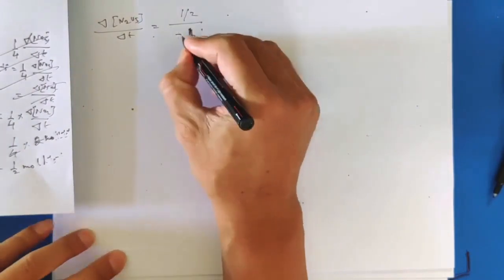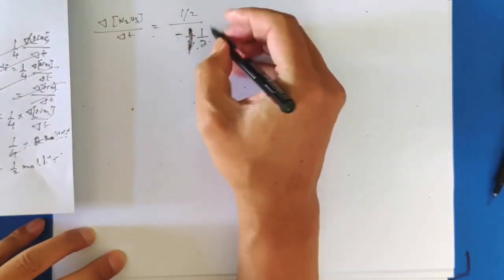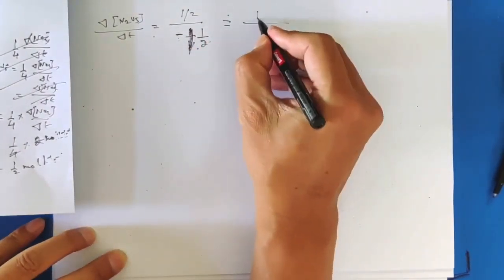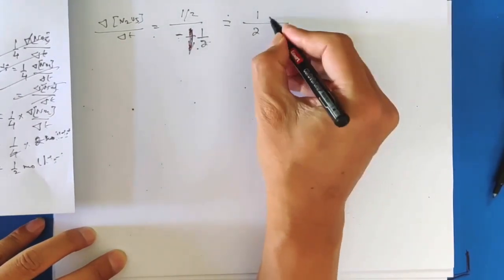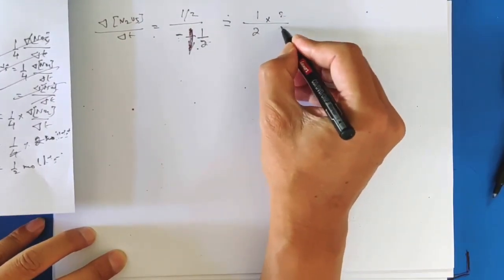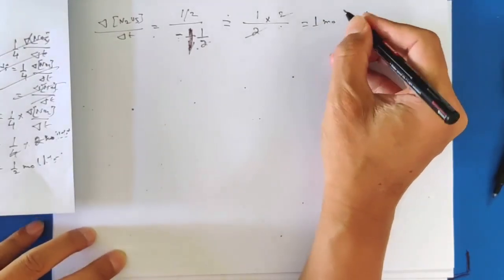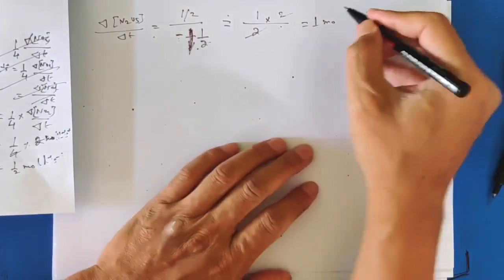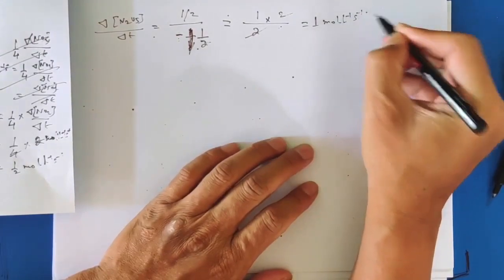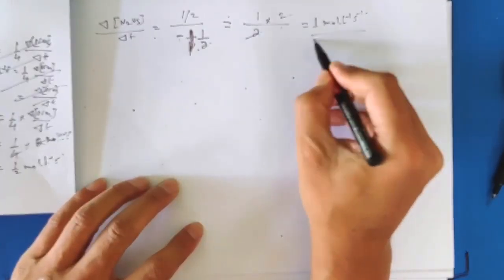Minus half, and the unit is the same. So 1 by 2, then 2 by 1, so 2 and 2 cancel. So 1. The rate of disappearance of N2O5 is also 1 mole liter inverse second inverse. Done. This is the correct answer.